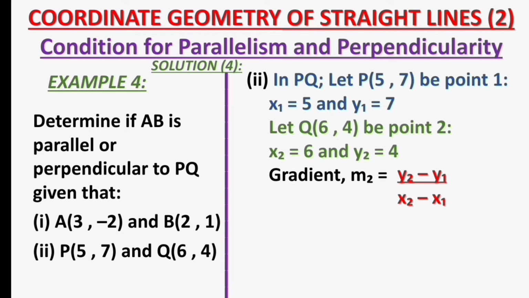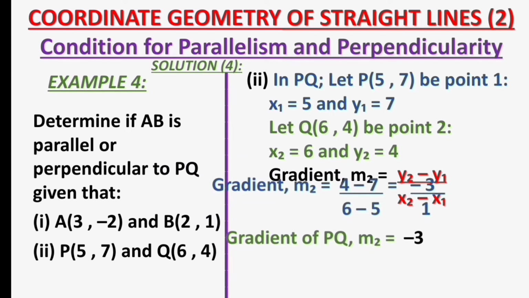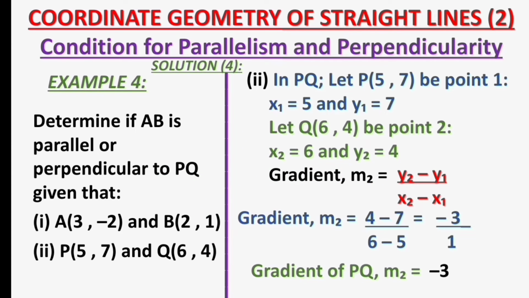The gradient of the second straight line, m2, remains y2 minus y1 divided by x2 minus x1. When you substitute your values into this gradient formula, what will be the gradient of the second line, PQ? Let's see your result. When you substitute and calculate, the gradient of the second line, PQ, which is m2, is equal to minus 3. I hope you got that right again.